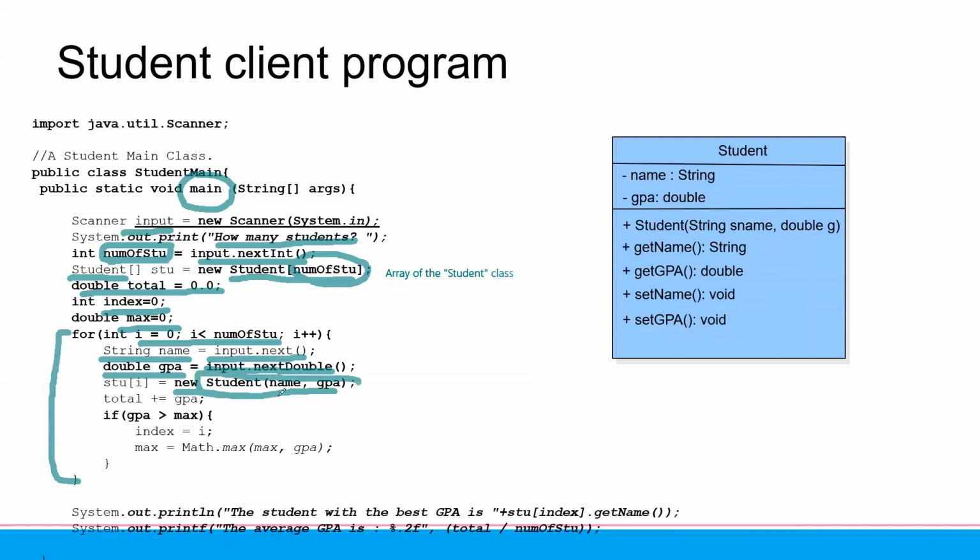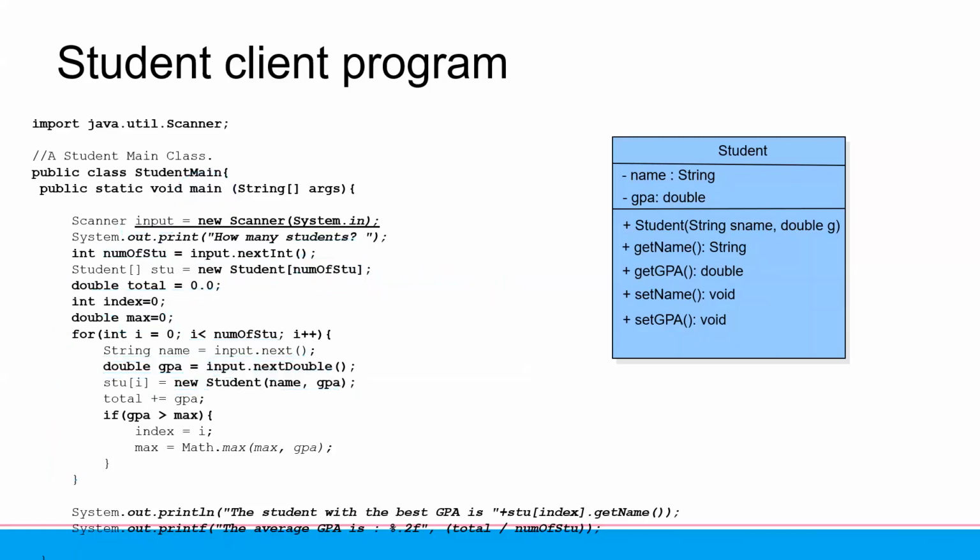I insert the student name comma GPA, meaning I would like to put the student name and GPA into the array at index 0. After I have the array element at index 0, I would like to add the GPA to the variable total, because I will need the average later.